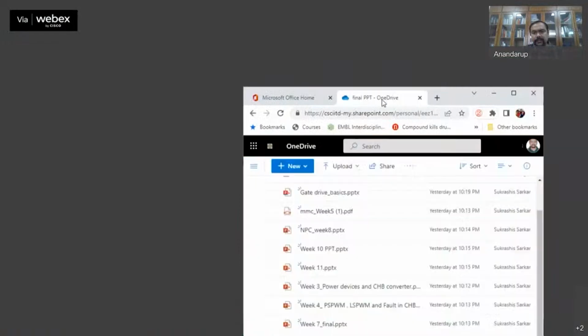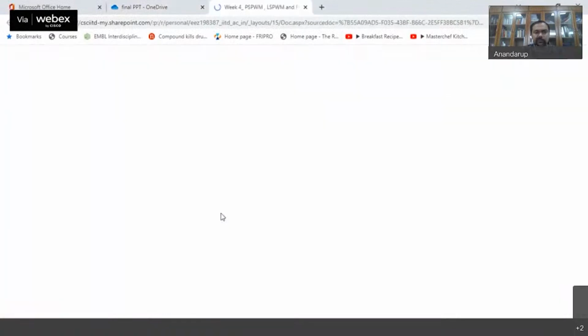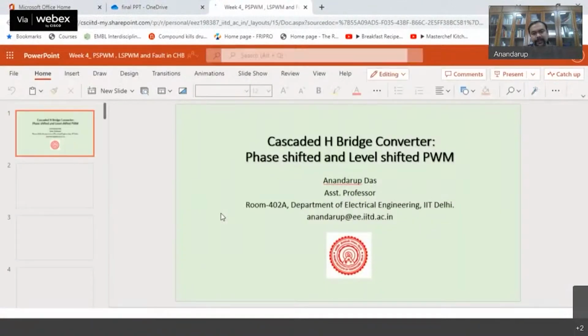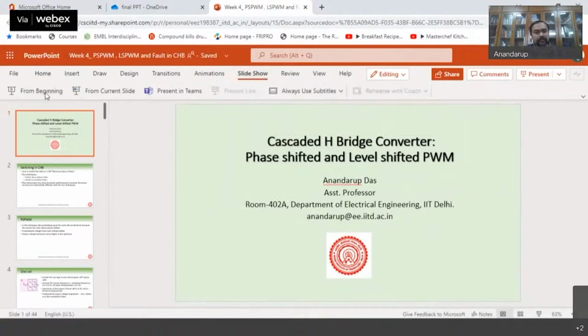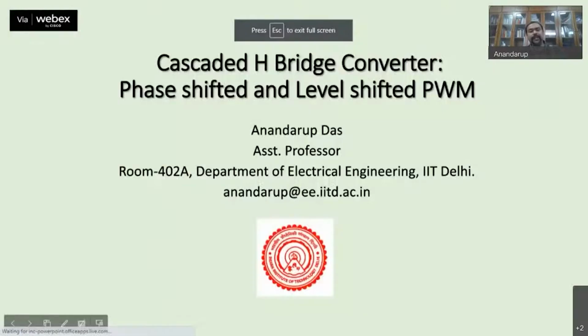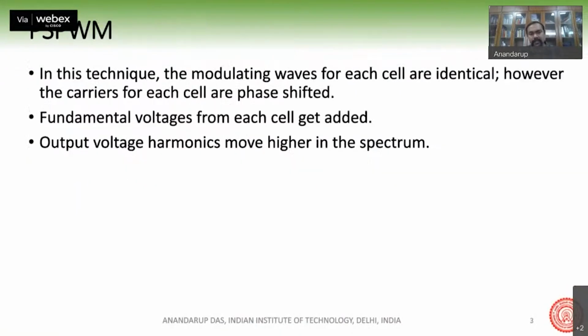And then we have week 4. So how do you switch the cascaded H-bridge? We can have both phase shifted and level shifted PWM. Both are possible, and they give very similar performance, but there are slight differences.